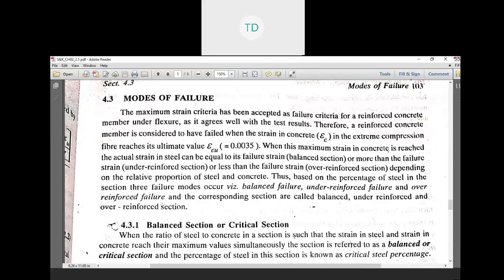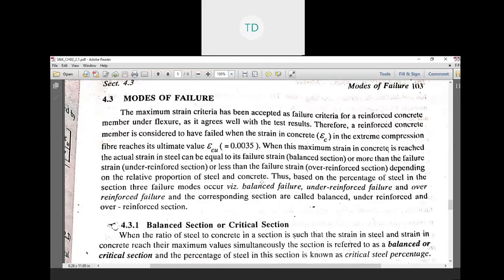When this maximum strain in concrete is reached, the actual strain in steel can be equal to its failure strain, more than the failure strain, or less than the failure strain, depending on the relative proportion of steel and concrete.